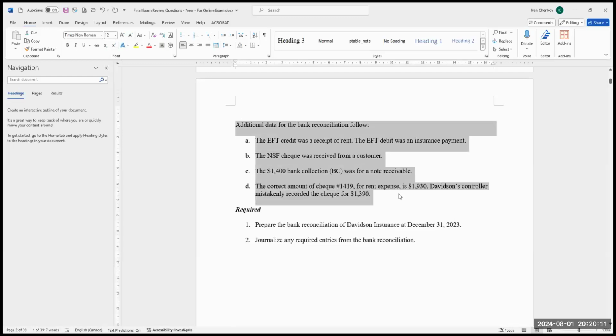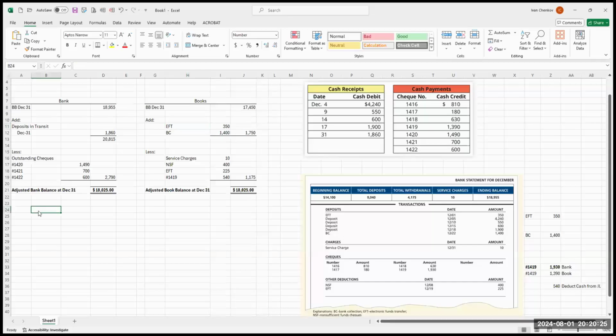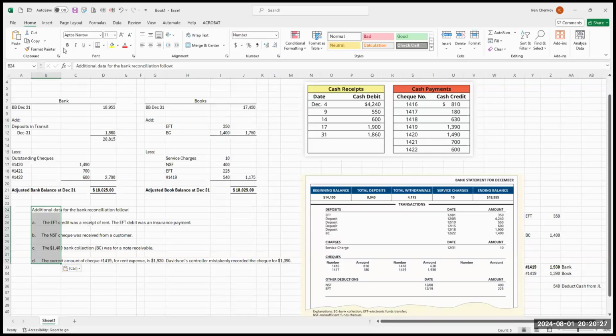I can copy this information and move it to the Excel spreadsheet and work on it there. Here we go, and I'm going to paste it like this, so we have all the information in one place.